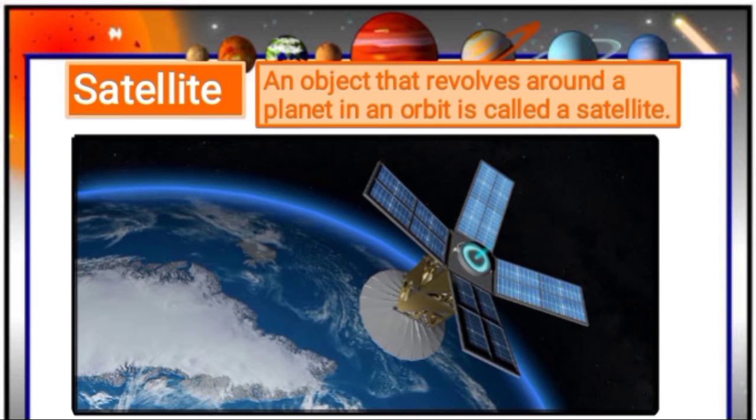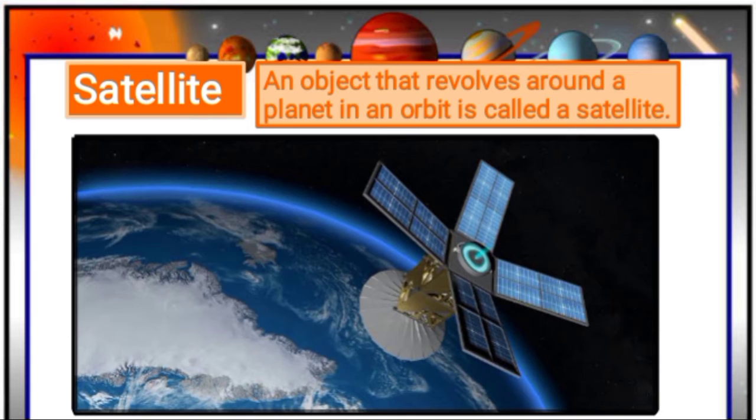Now, what is a satellite? A satellite is a small object that orbits or revolves around a large object in space. Satellites can be natural or artificial. Artificial means made by people.